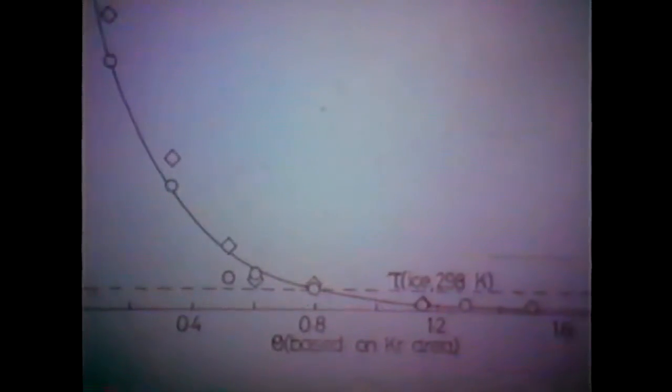Now, ice at 298K is the line at the bottom. That was obtained by extrapolating the dielectric data of Auty and Cole. And the value is that which ice would have if it could exist at 298K. There's only one thing wrong with the dielectric method, and with all these methods there's usually something wrong.